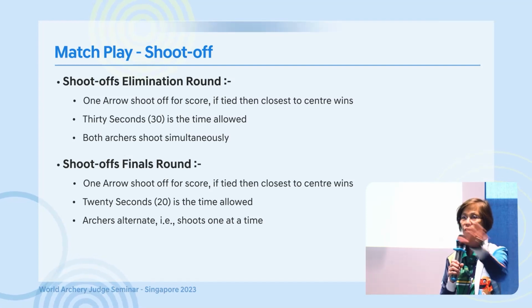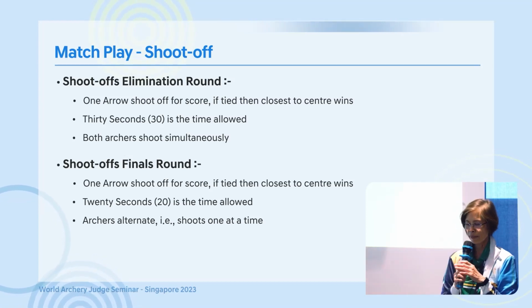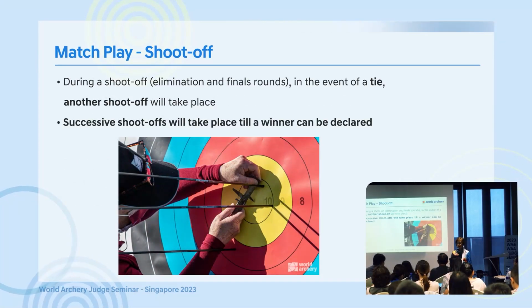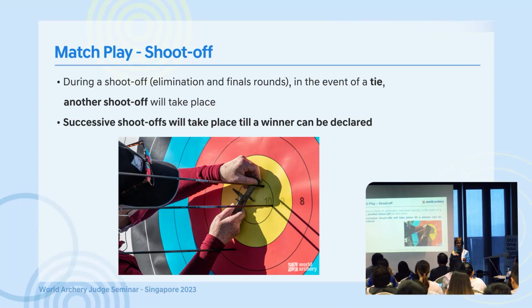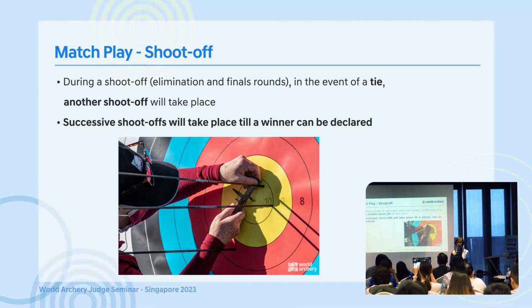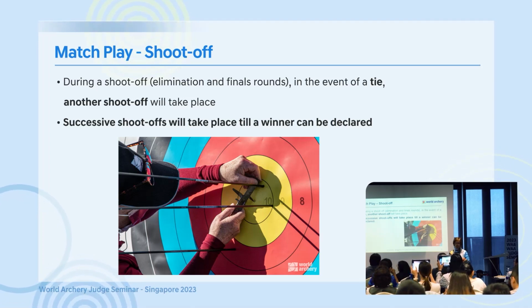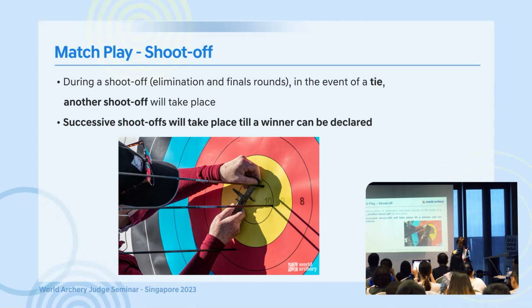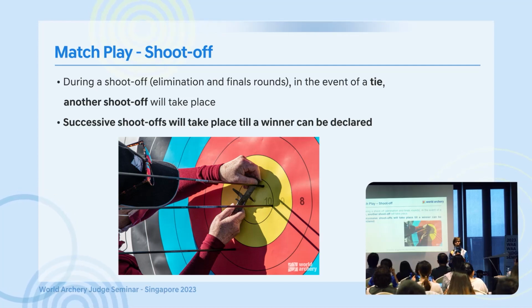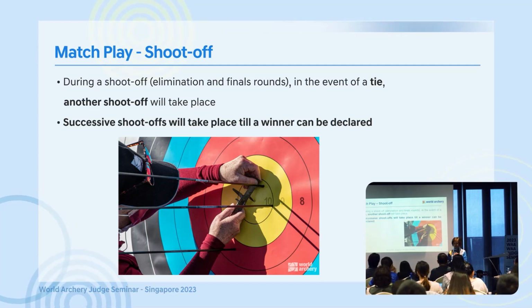And the archers alternate, 1 at a time. Now during a shoot-off, during the eliminations and finals round, in the event of a tie, another shoot-off will take place. So successive shoot-offs will take place till a winner can be declared.